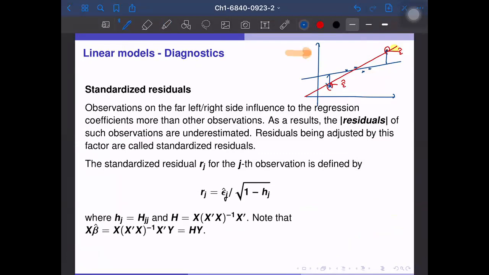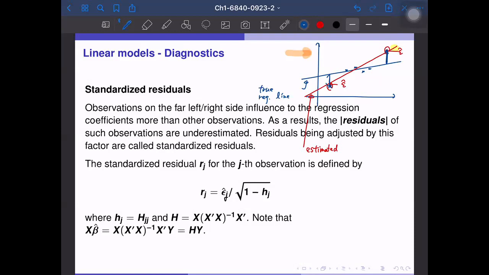And suppose this blue line is the true regression line. So the first observation here and the last observation here, so these have large errors. But if we estimate the regression line, estimated regression line becomes this. Because this line is influenced a lot by this observation and this observation.